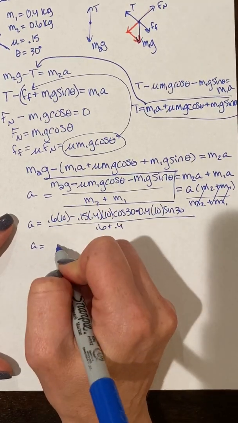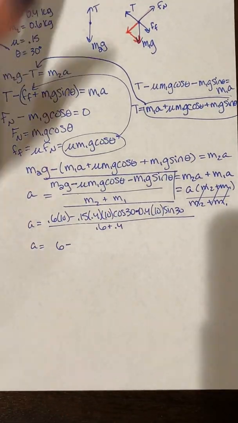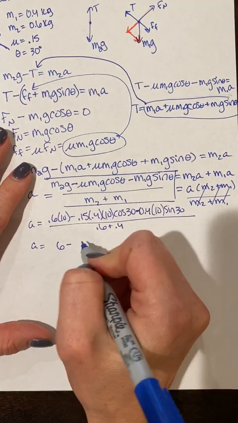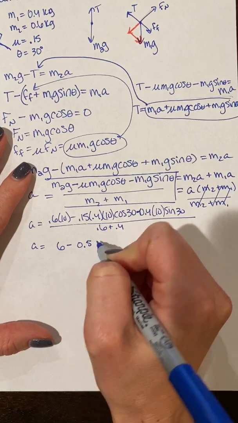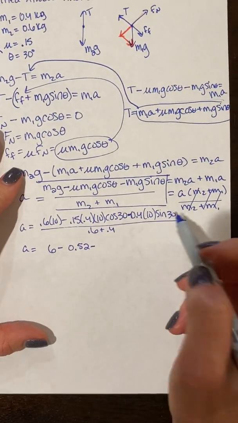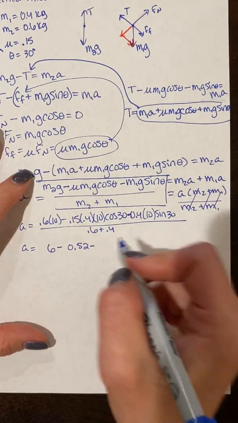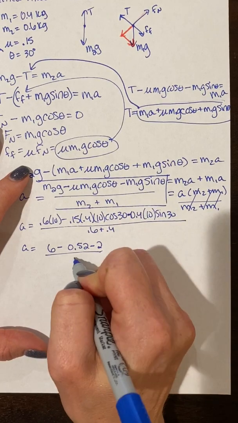Okay, so this is 6 minus, let's get my calculator out here. Cosine 30 times 4 times 0.1, so this whole thing is 0.52, minus 30 sine, right, 0.5 times 4, so it's minus 2 over 1.